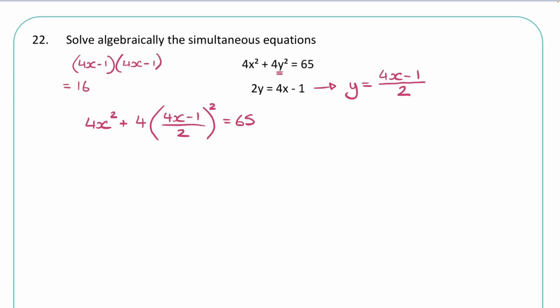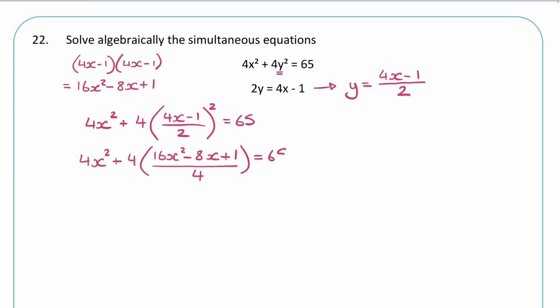That gives me 16x squared minus 4x minus another 4x, which is minus 8x, and then plus 1. So that's what the numerator is going to be when we expand it. So let's expand that. We have 4x squared plus 4 lots of, I'll keep it in a bracket because we still have to times it by 4. So we get 16x squared minus 8x plus 1. The denominator 2 times 2 gives us 4, and that equals 65.